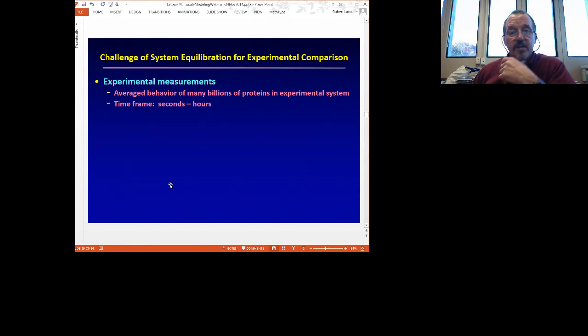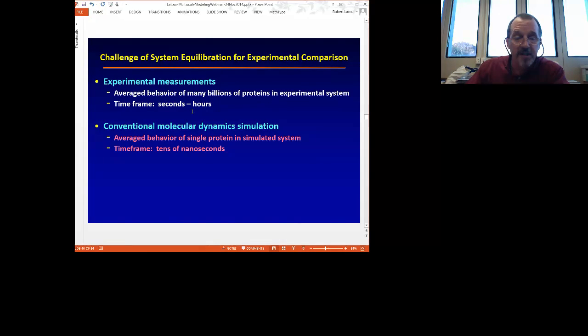Okay, so next I want to address the challenge of how we do our simulations in a way that can match what we're experimentally trying to compare them with. There's a big challenge in the equilibration of our system. For our experimental measurements, we have average behavior over billions of proteins, and our time frames are typically seconds to hours.